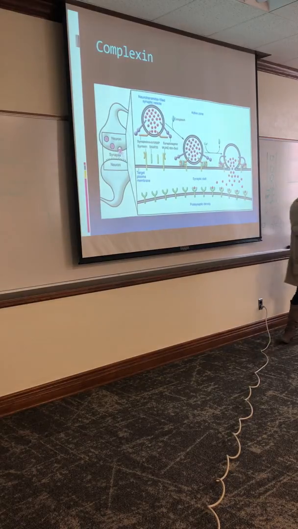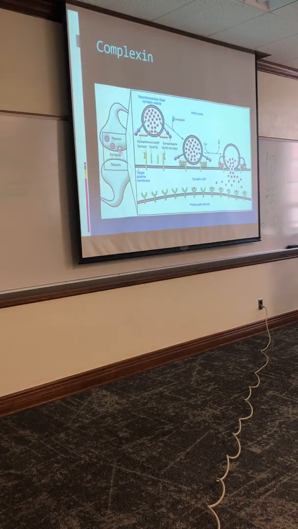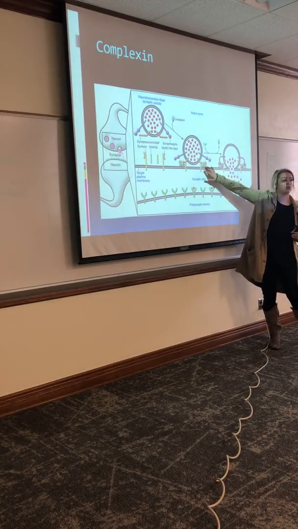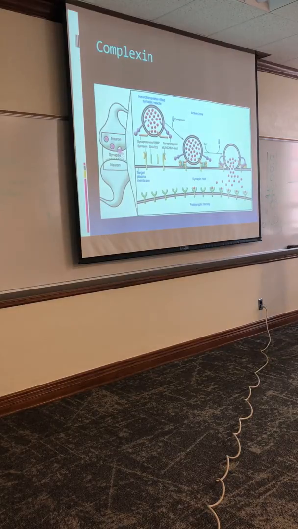And that binding, again, releases enough energy to allow a structural change that then pulls that vesicle in even closer to the membrane. At this point, this is your primed position, right? It's docked and it's ready to go, but nothing's actually going to happen until calcium comes in.